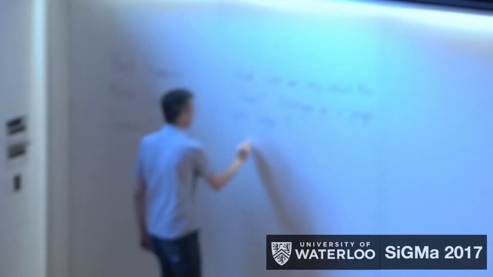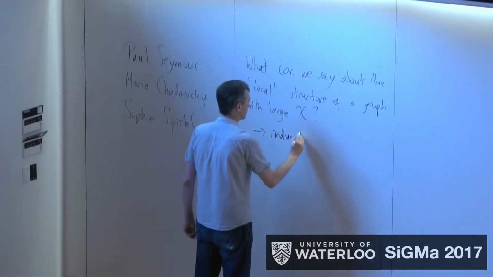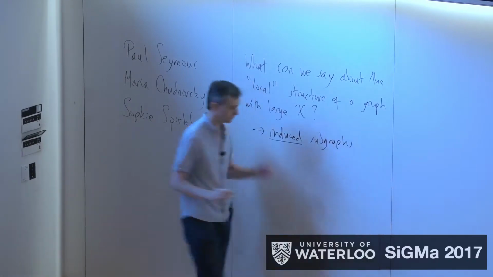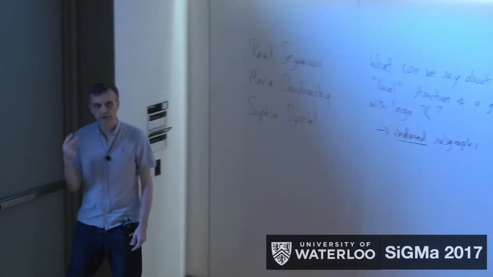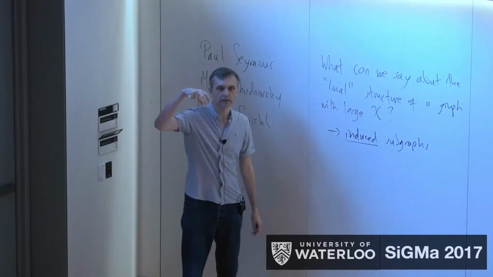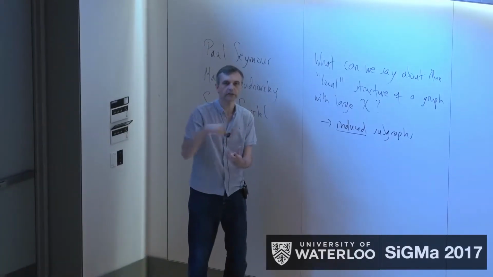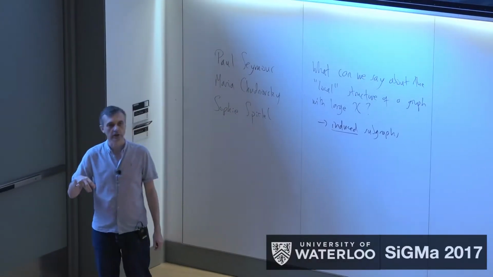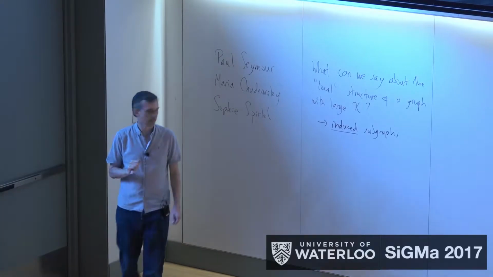Induced subgraphs are specified by their vertex sets. You pick some vertices and you have to take all the edges among them. So if you have a complete graph, every induced subgraph is a complete graph.